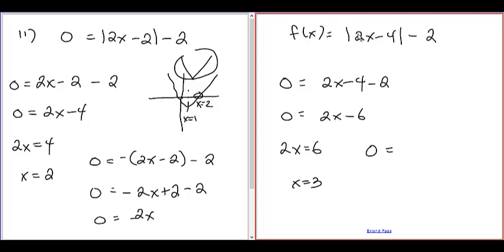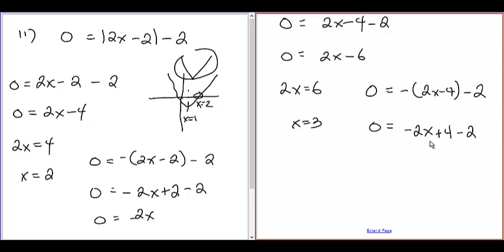The second solution is take the negative of this. So you get negative 2x plus 4 minus 2, and so what happens now?